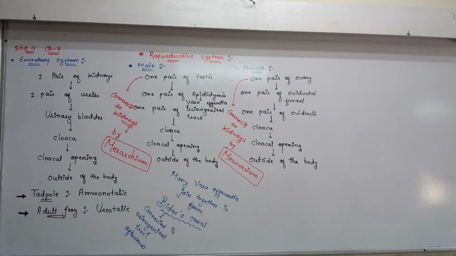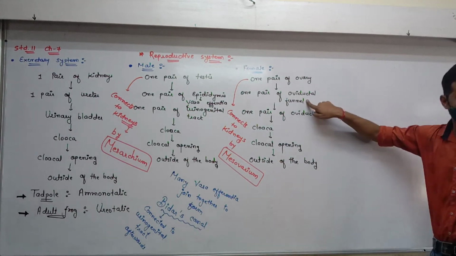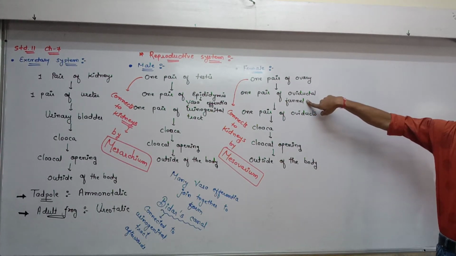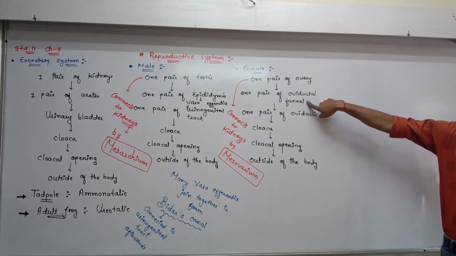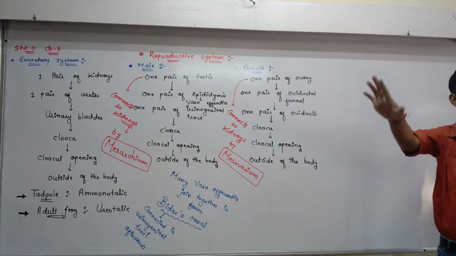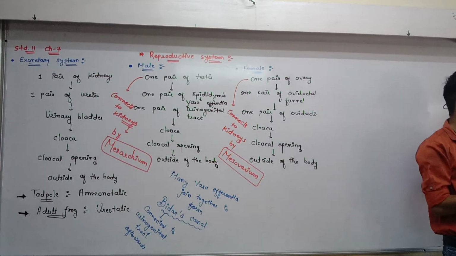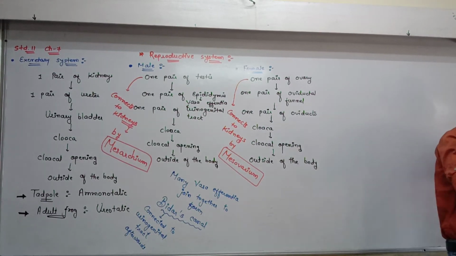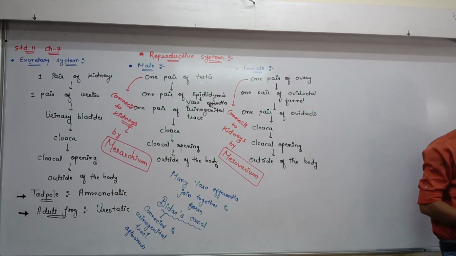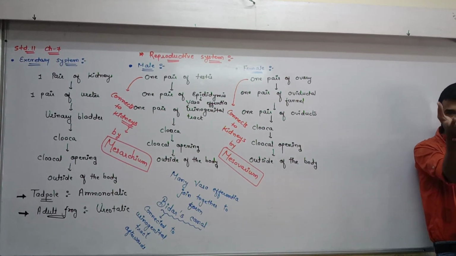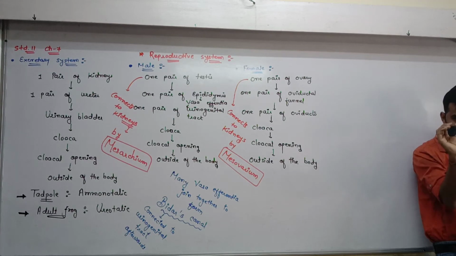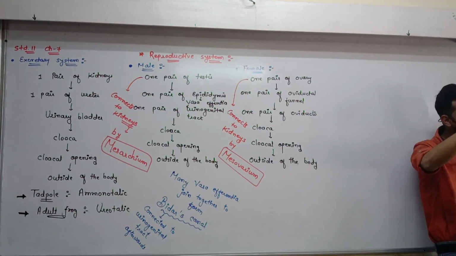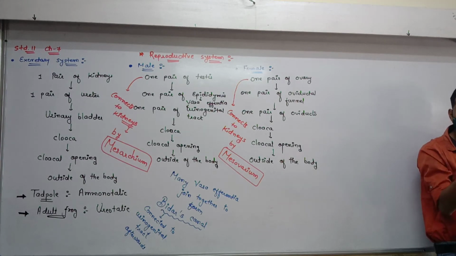From the abdominal cavity, the ova are received by the oviductal funnel. Then this oviductal funnel is continued to the oviduct.